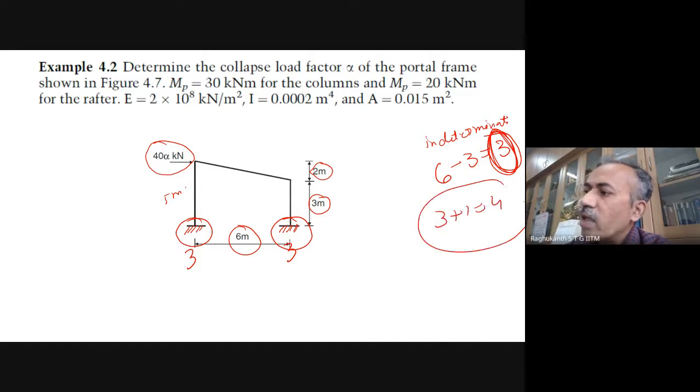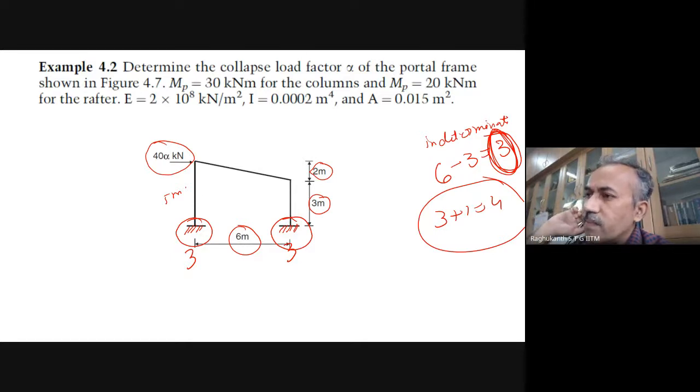And what are the points where hinges will form in this portal frame? Can you guess, where the bending moments will be high, where we are going to form the hinges, without doing your analysis? What are the possible locations of these four plastic hinges?